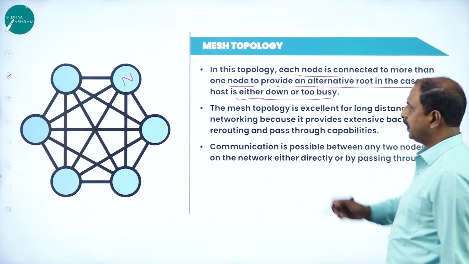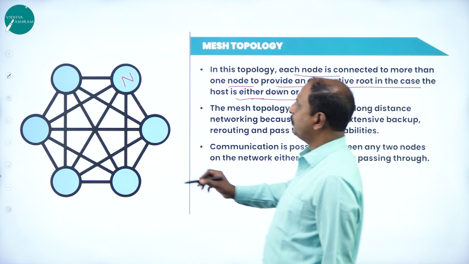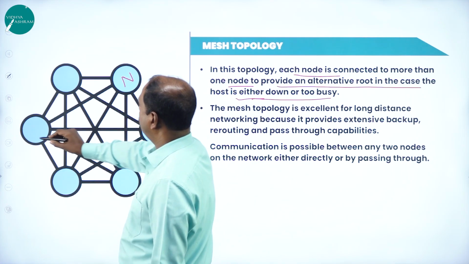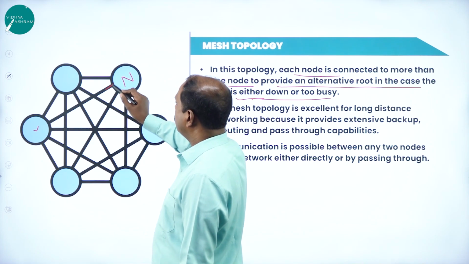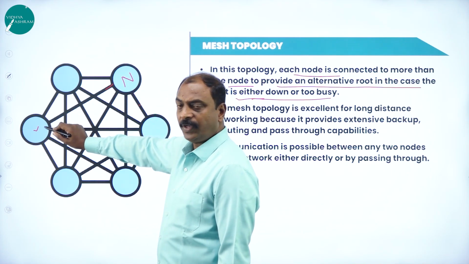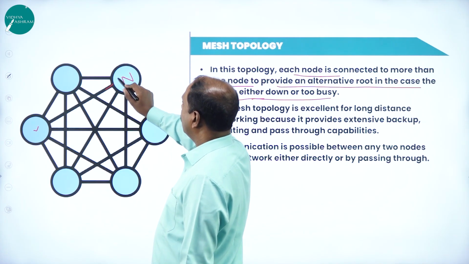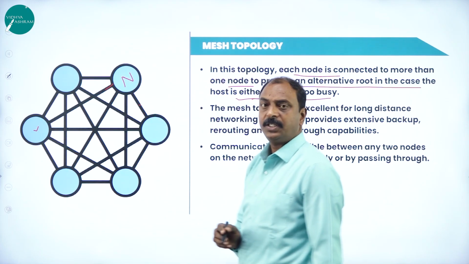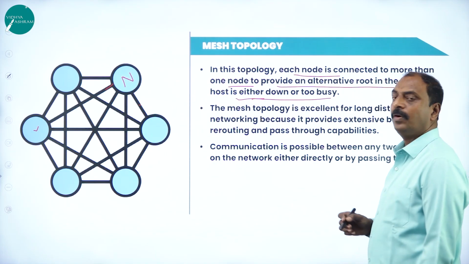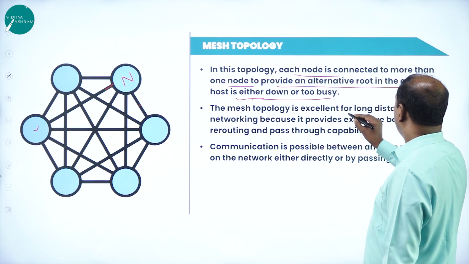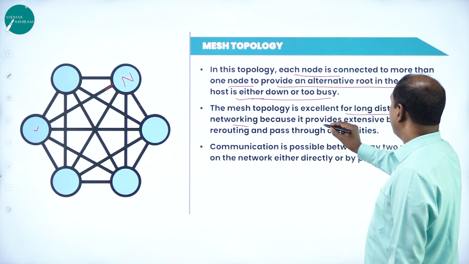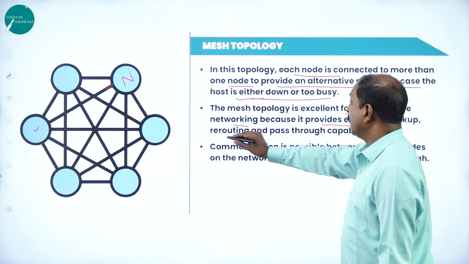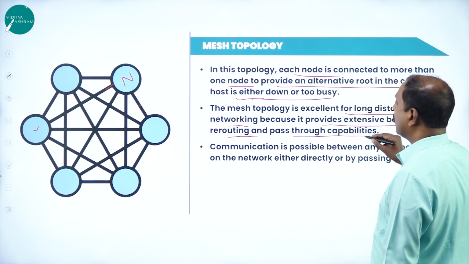So what is the advantage of this? Suppose data is to be transferred from here to this node, and suppose this road is busy or this line has traffic, then it takes another path to reach the destination. That is the advantage of mesh topology. It is excellent for long distance networking because it provides extensive backup, rerouting and pass-through capabilities.